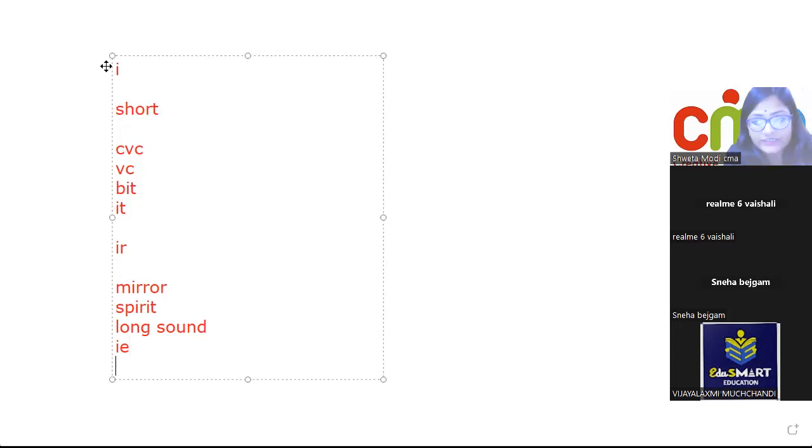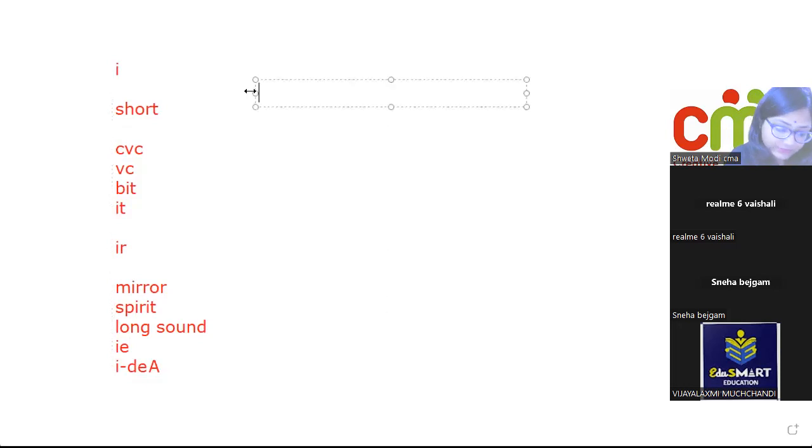Also, as we have already done so many times, if a vowel is left alone in a syllable, it is a long sound, like in the word idea. The reason is again the same, that it is not closed, it is open. Then we all know the magic E rule. Again, it will have the long sound, right?